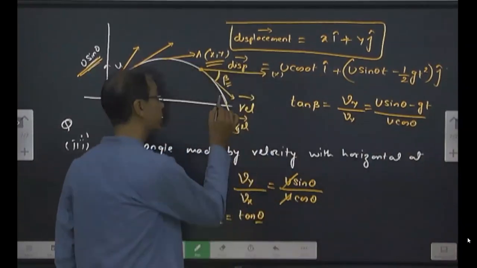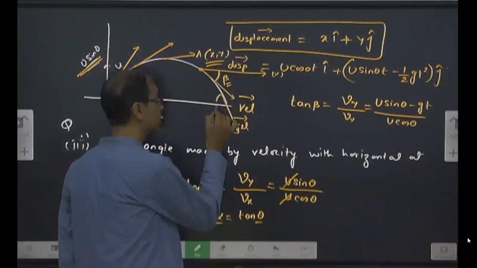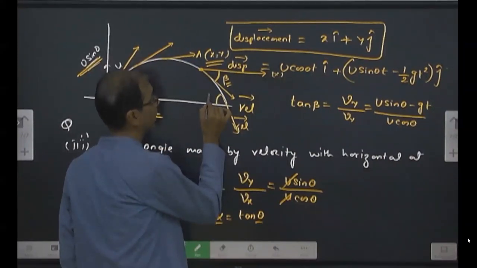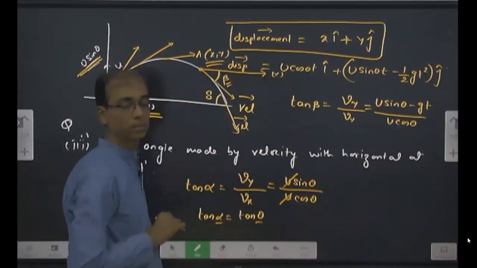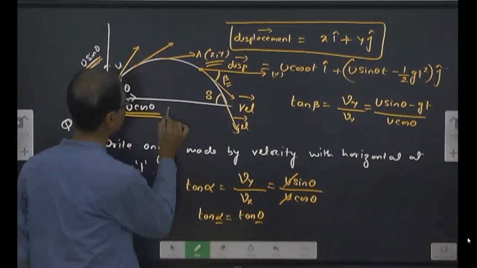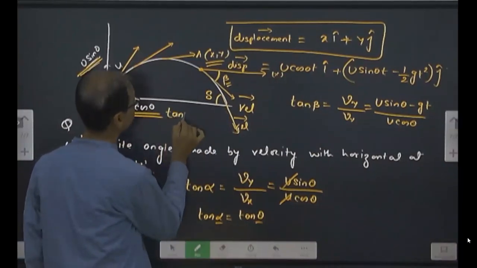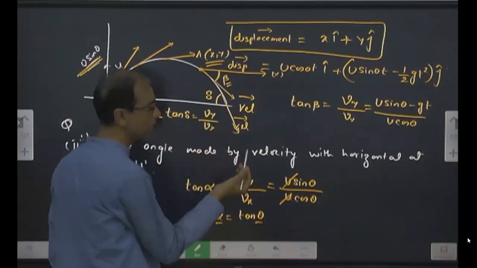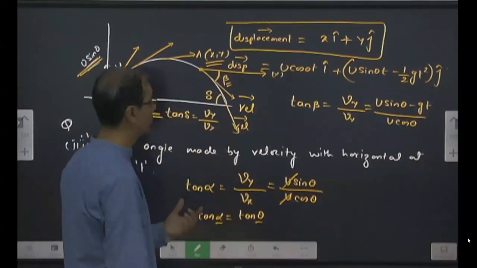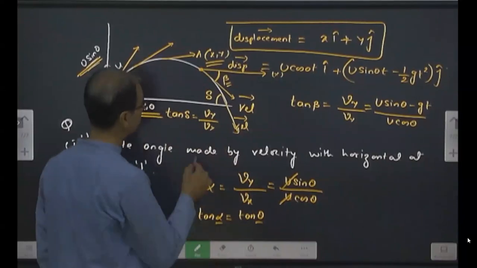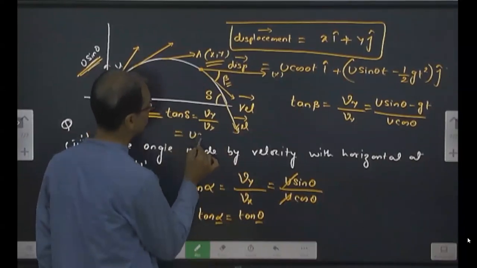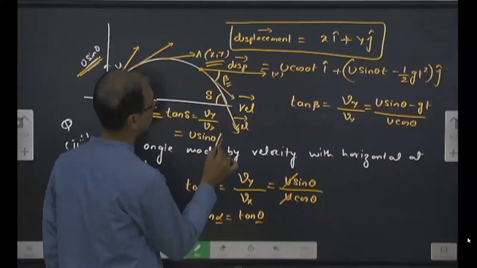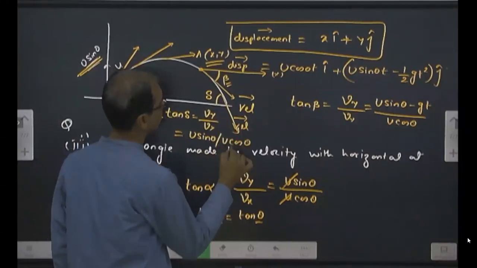Shall we try it over here? Yes, we can. This is the angle, right? Let's say this angle is delta. Tan delta equal to Vy by Vx. Vy value is u sin theta, Vx value is u cos theta. So u sin theta by u cos theta, u gets cancelled.